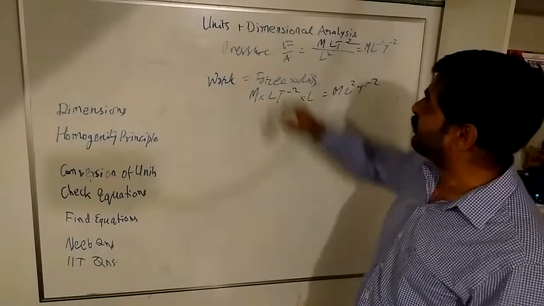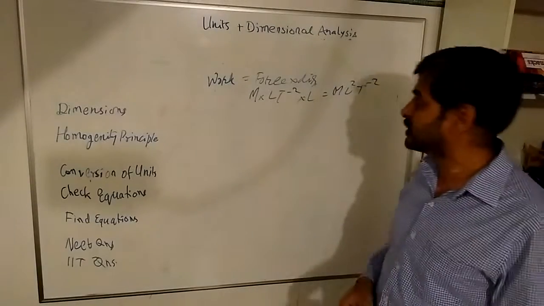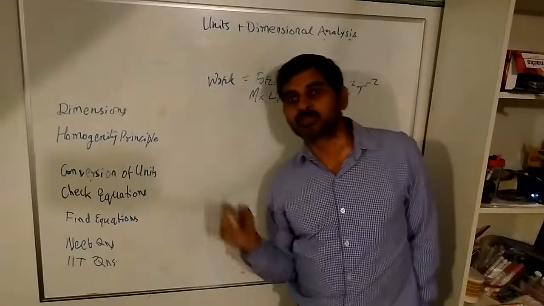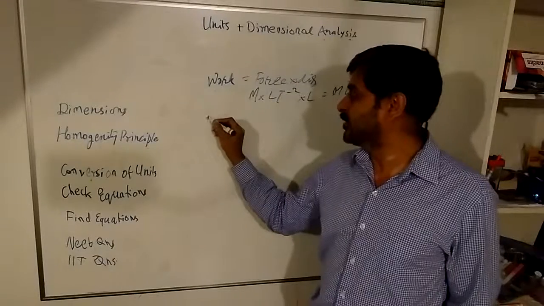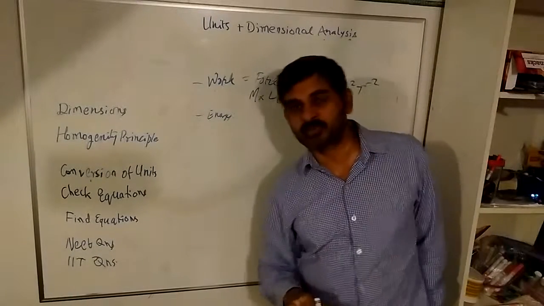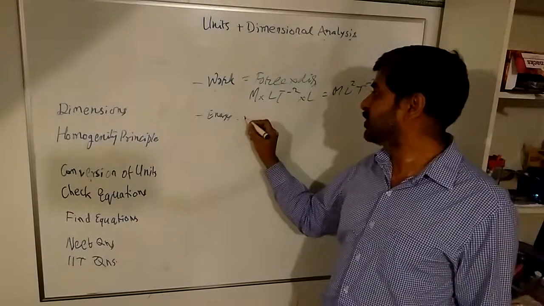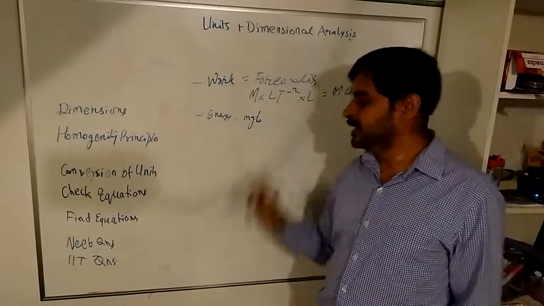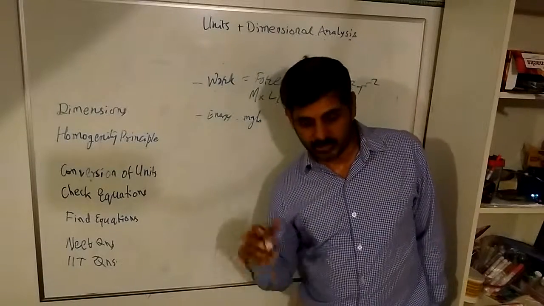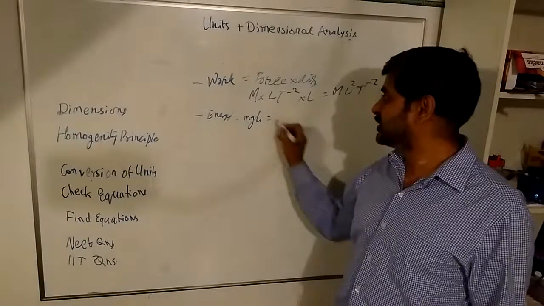Now, the work should have the same dimensional formula as energy. These two should have the same dimensional formula, because one can be converted into the other. For example, we know that mgh is the gravitational potential energy of a mass due to the acceleration due to gravity.